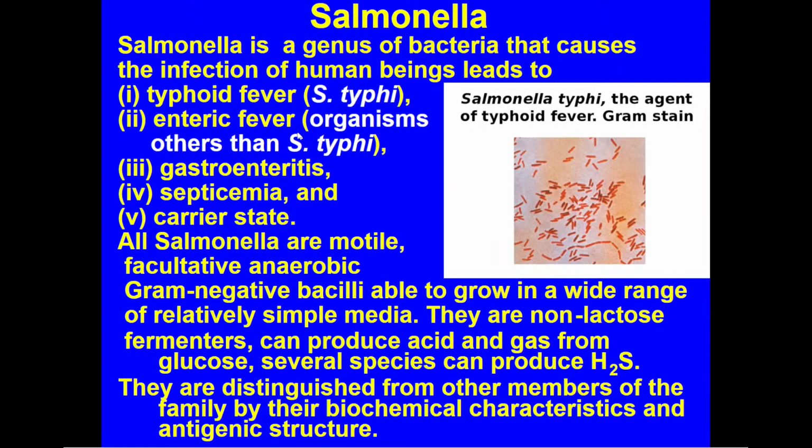Then enteric fever caused by so-called paratyphoid bacilli, Salmonella paratyphi A and B. And then the rest are non-typhoid Salmonella. Quite often we may see them under the abbreviation NTS, non-typhoid Salmonella.